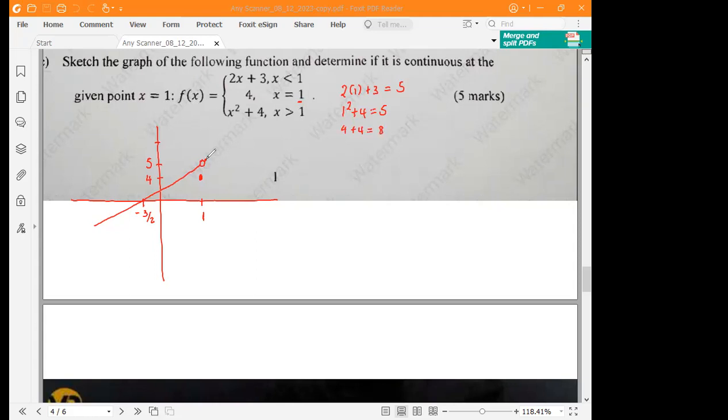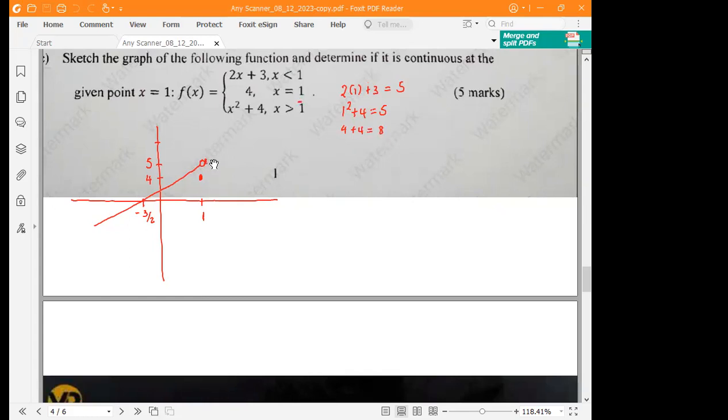And it's a curve. So this curve will be like that.